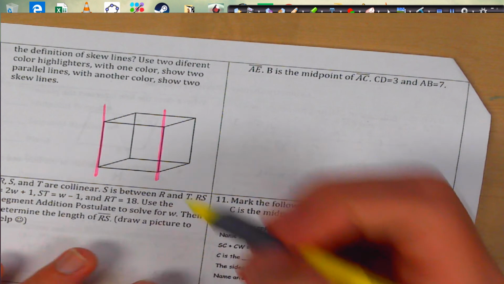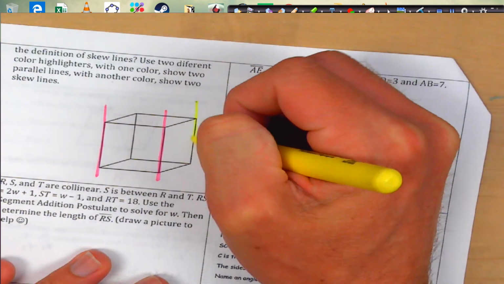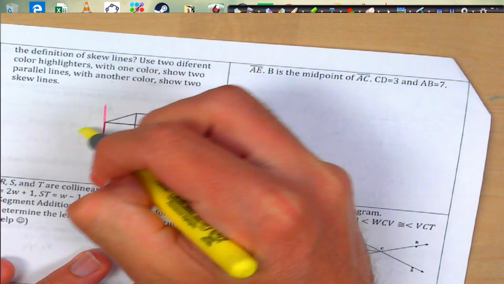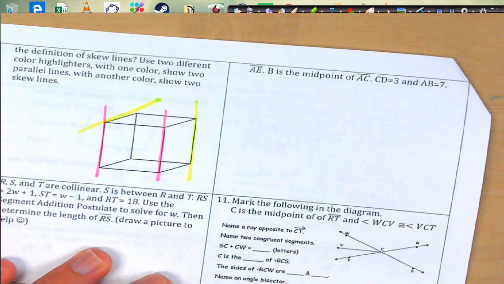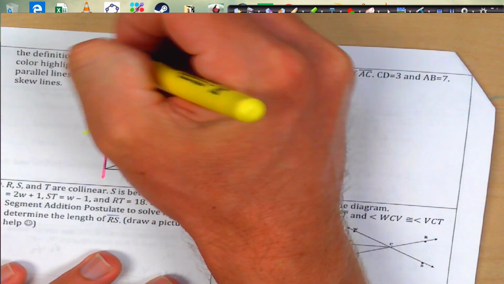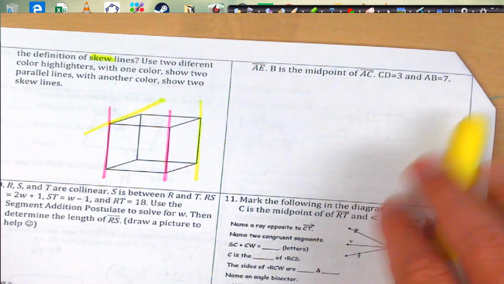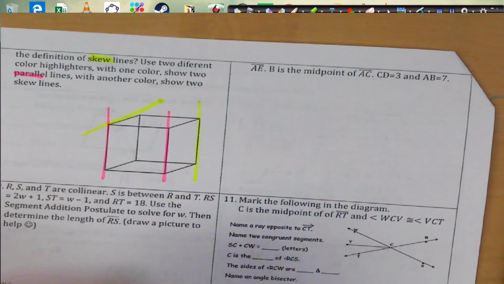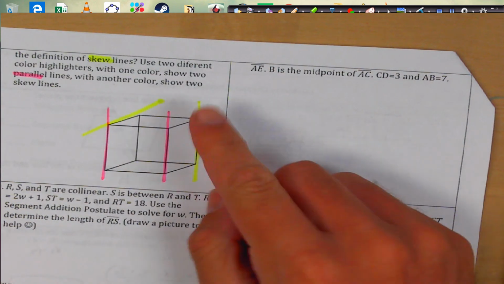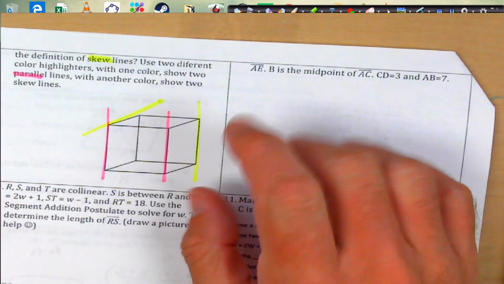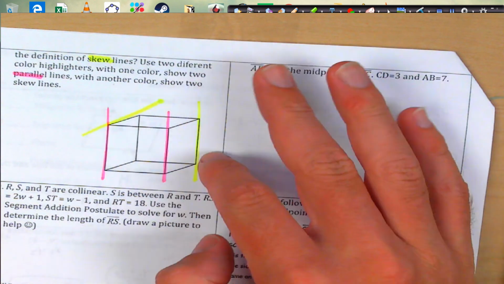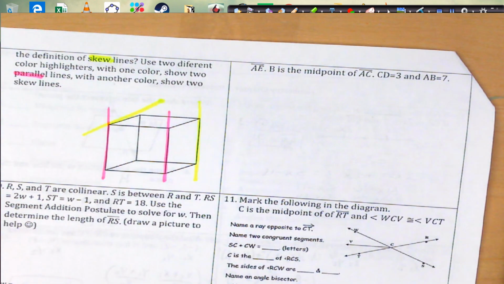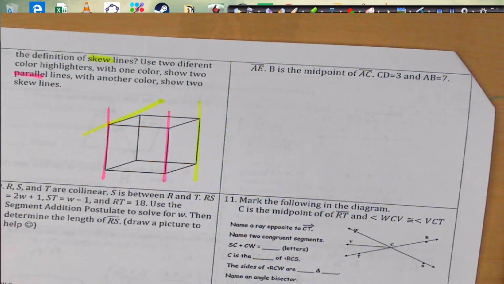And then skew lines would be, for example, this back line right here, and this line coming this way. So we have skew in the yellow, and we have parallel in the pink. The yellow lines don't touch, but skew lines have to be on different planes, okay? And we did talk about that definition in our flip book.